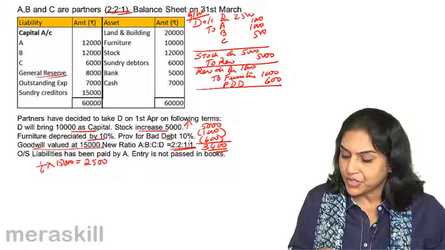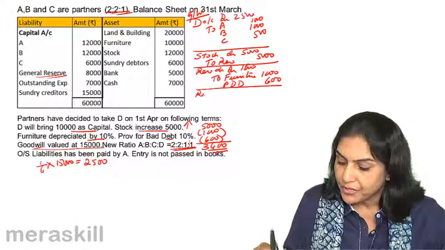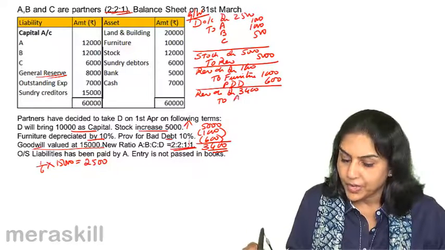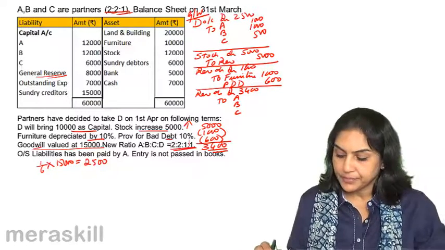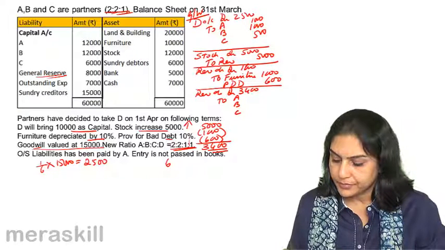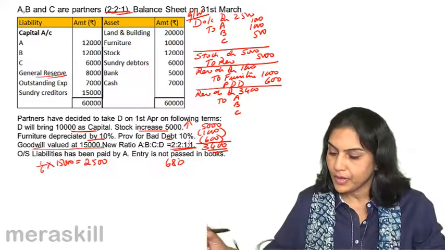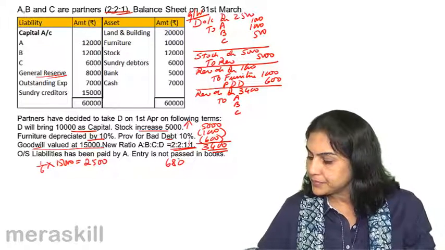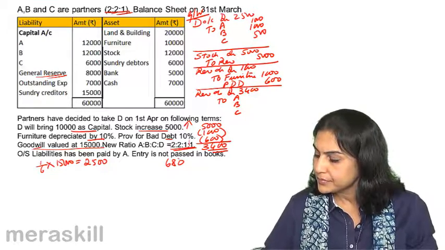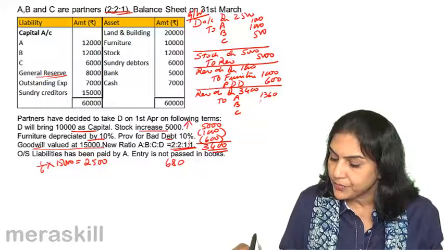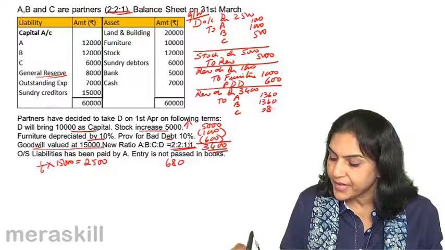Profit on revaluation 3,400. So revaluation account debit 3,400 to A, to B, to C: 1,360, 1,360, and 680.